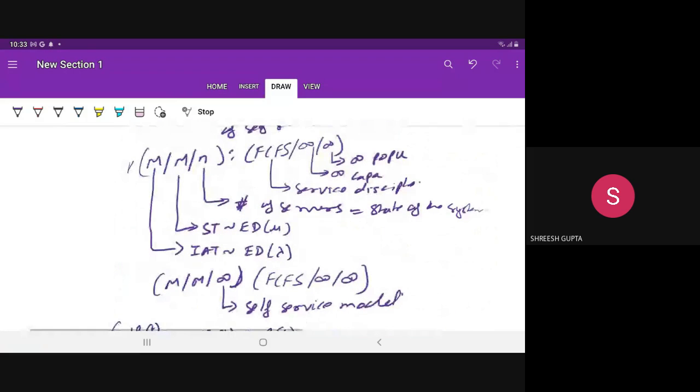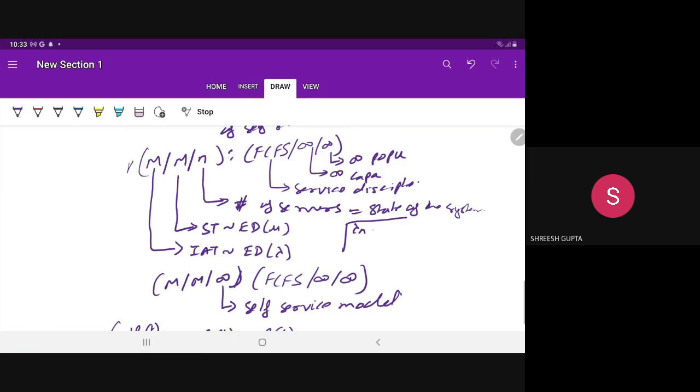what is the condition? Condition for the self service model is lambda n is equal to lambda for n is equal to 0. Always we have to start from 0, right? For 0, 1, 2 and so on. And what is mu n?